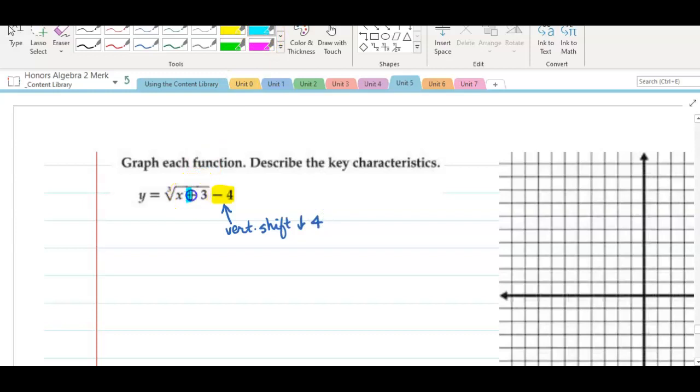And this addition of 3 under the radical is still going to cause a horizontal shift. Remember, it's the opposite of what it looks like. That's going to go left 3. That's all that's happening here. Let's go ahead and graph this.